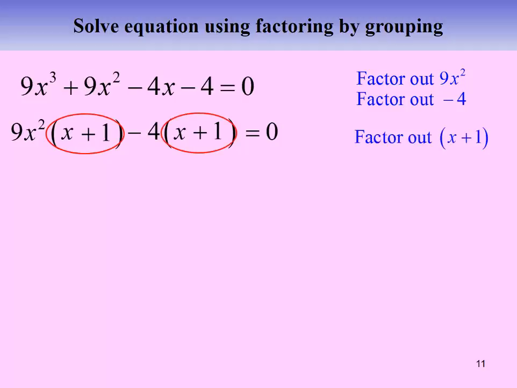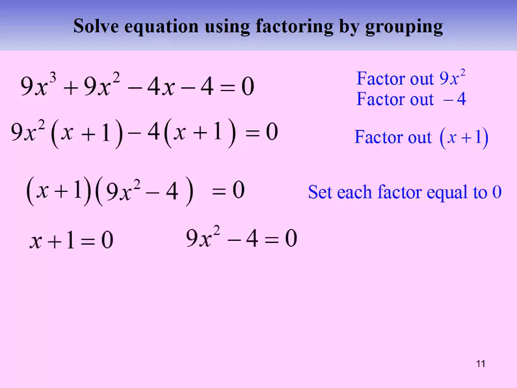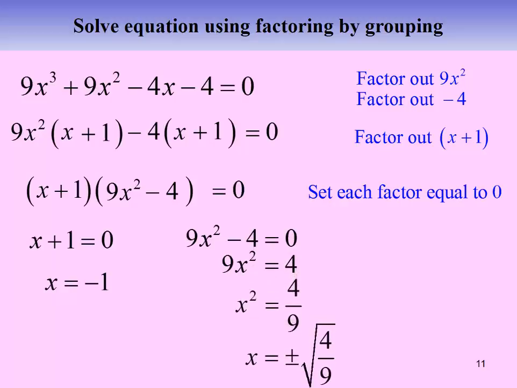We can write the x plus 1 out front, and what's left is the 9x squared minus 4. And just like in the previous problem, we set each of those equal to 0 and continue to solve. Notice we have 3 answers on this one that had an exponent of 3.